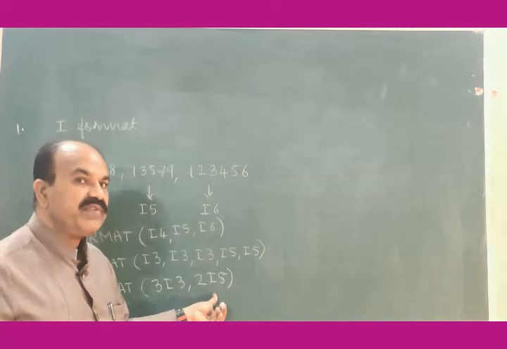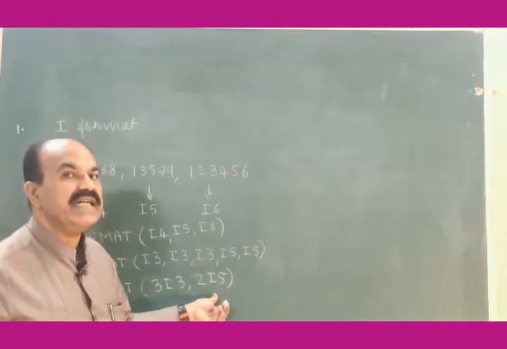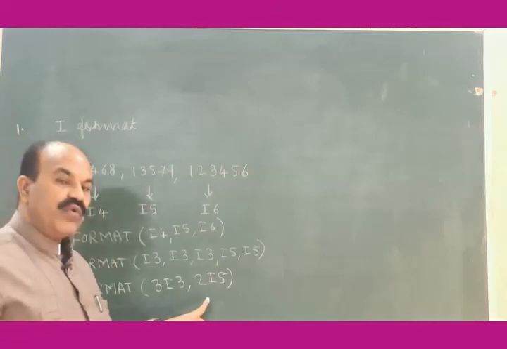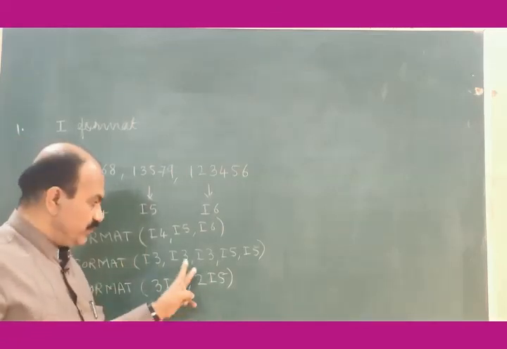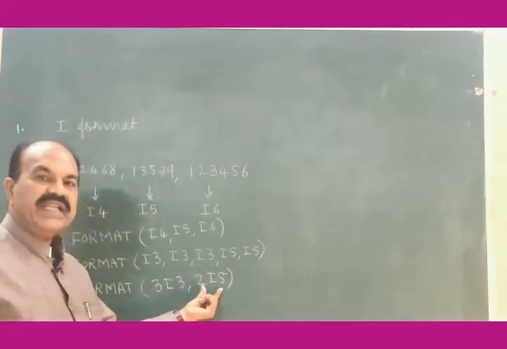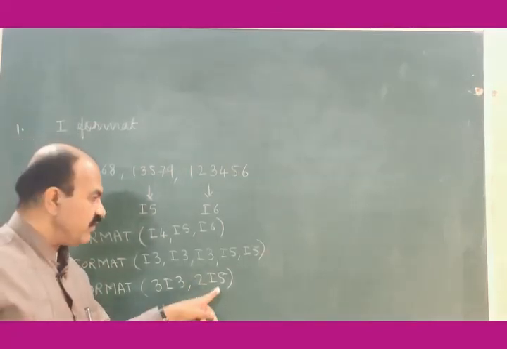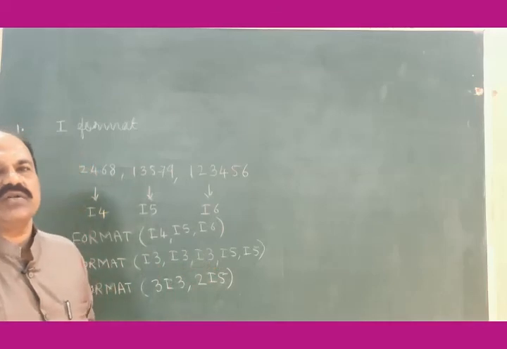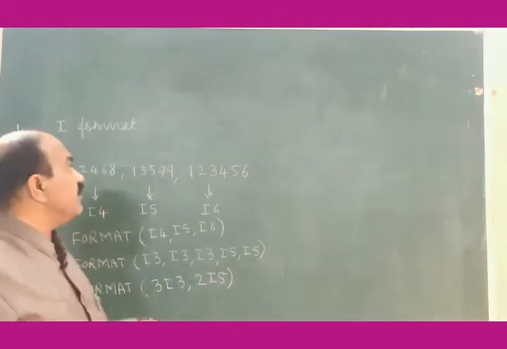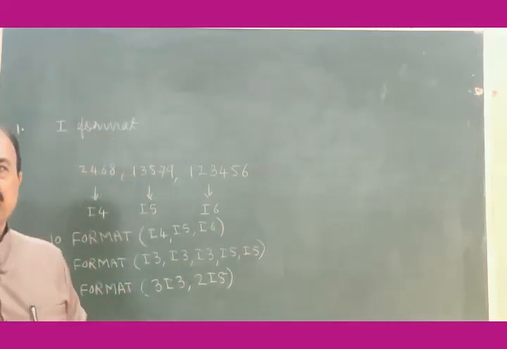the fourth and fifth input data items, 3 are already taken here, so the fourth and fifth data items are integers of 5 digits long. These are different ways of using I format.